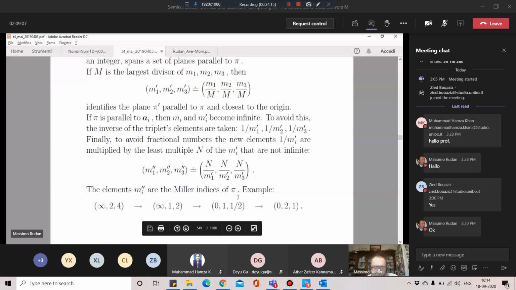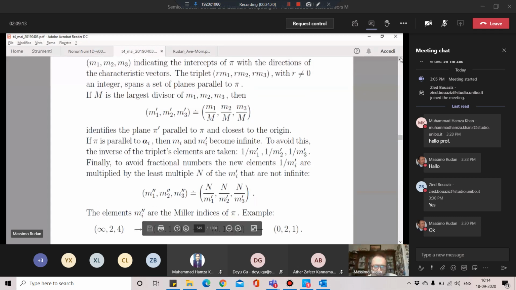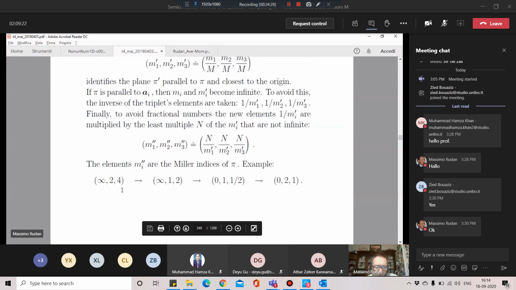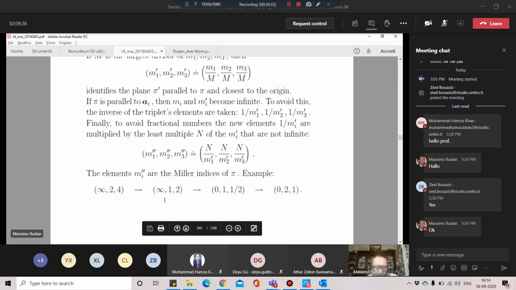Let's take an example. Assume that the original numbers M1, M2, M3 are infinite, 2 and 4. Okay? So first we divide by 2. So infinite stays infinite, 2 becomes 1, 4 becomes 2.